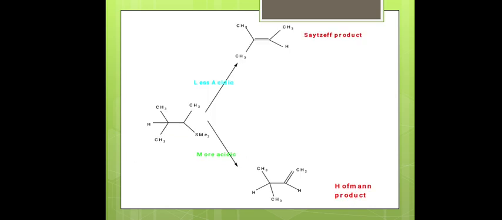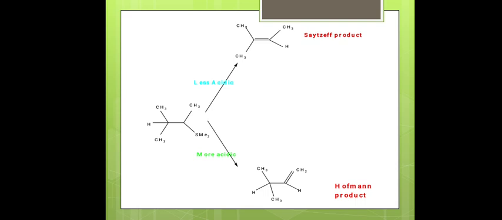To explain this one I have given here a molecule in which two CH3s are attached, and then another carbon with CH3 and SMe2. For the Saytzeff product, the SMe2 and the hydrogen get removed.